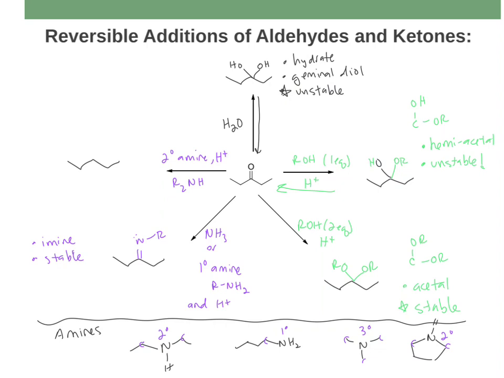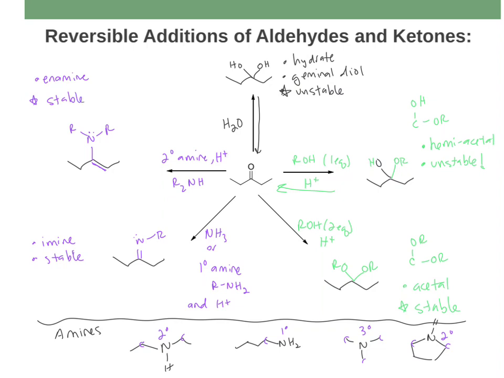An enamine is when you have an amine on an alkene. So in this case, you're going to get your amine here, which has the 2 R groups, but notice that you can't double bond this nitrogen because it's already got 2 R groups on it. So what instead happens is you get this elimination here. You get a double bond on one side of those things. And this would be what's called an enamine. And these also are stable.